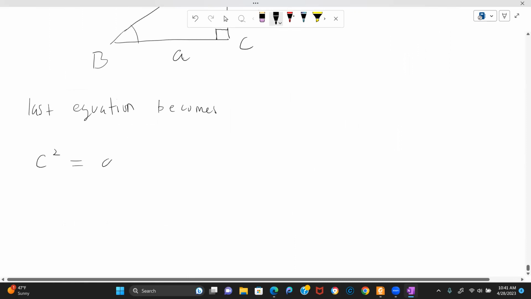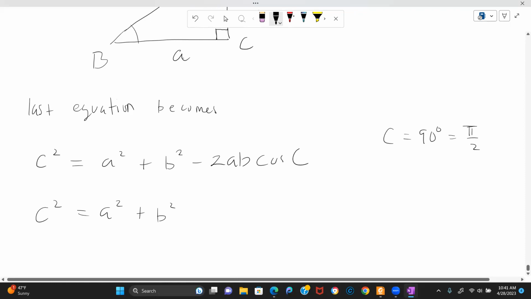So let's copy this down, and you'll see that it simplifies a bit. C squared is equal to A squared plus B squared minus 2AB cosine of C. But now we know C is a 90-degree angle, or the same thing as pi over 2 if you're thinking about the unit circle. This term is like an error term.